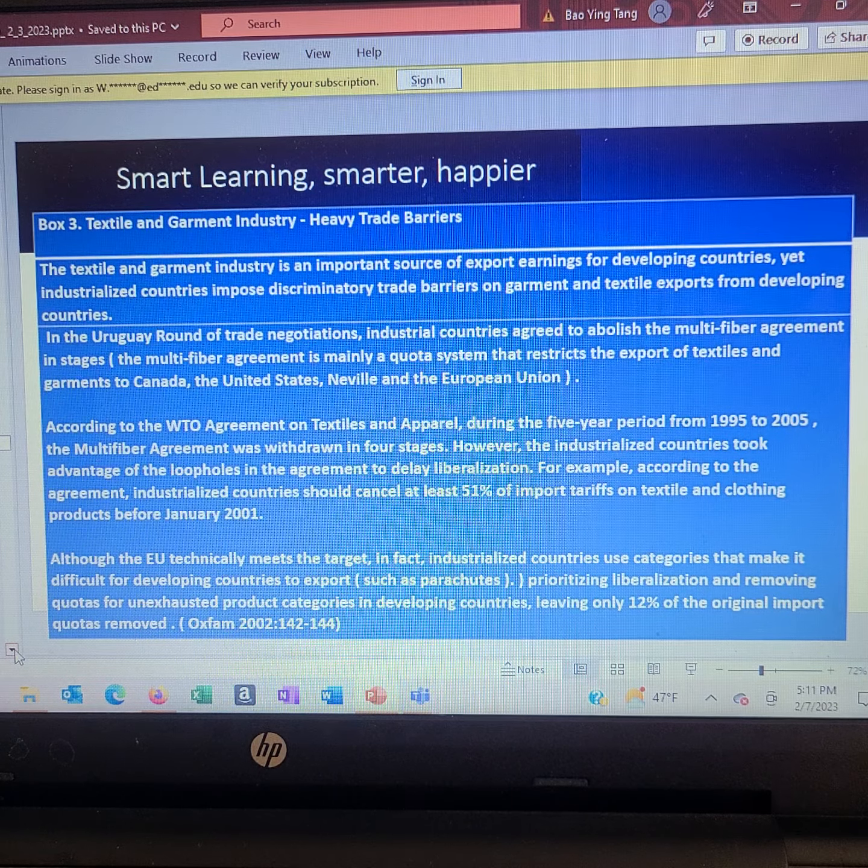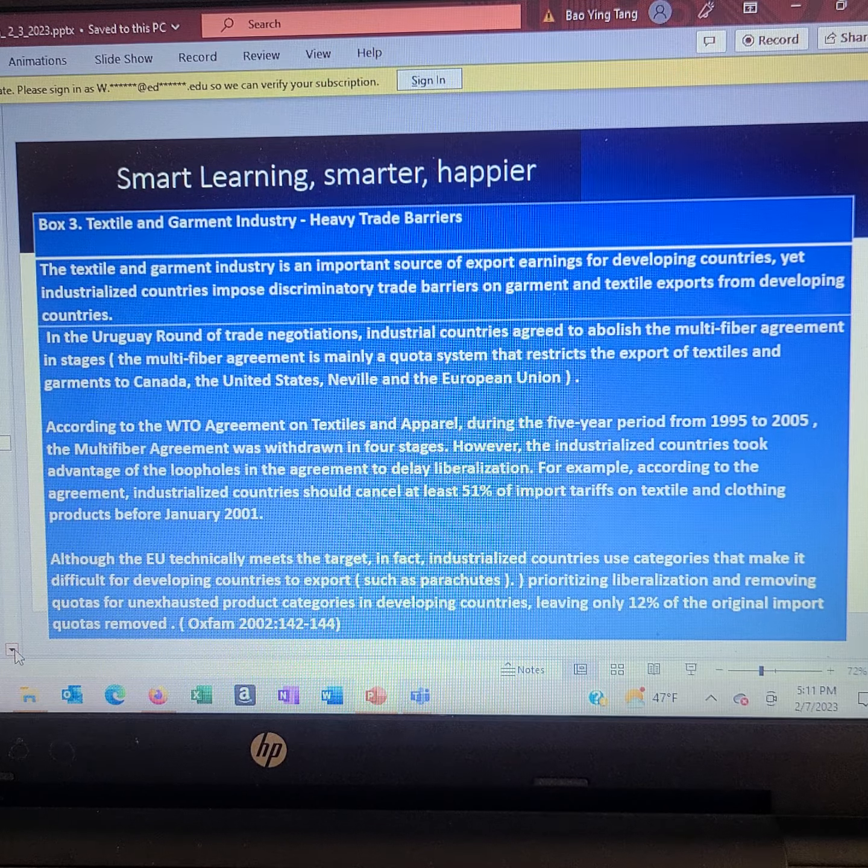They prioritize liberalization and removing quotas from unexhausted product categories in developing countries, leaving only 12% of the original import quotas removed.